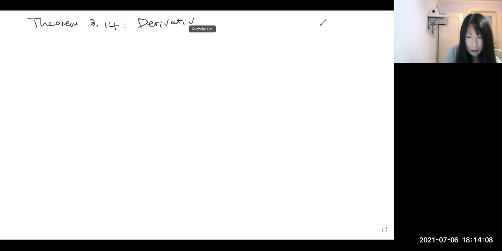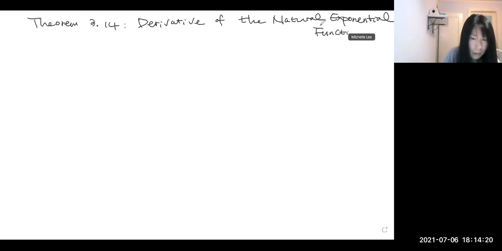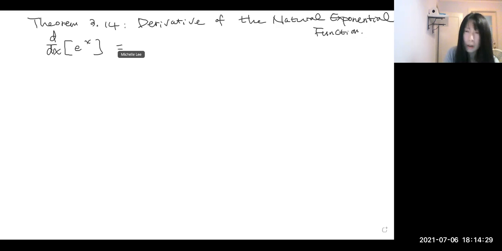So we should learn the derivative, right? So theorem 3.14, derivative of the natural exponential function. All right, so if we take the derivative of e to the x power, then we get e to the x.